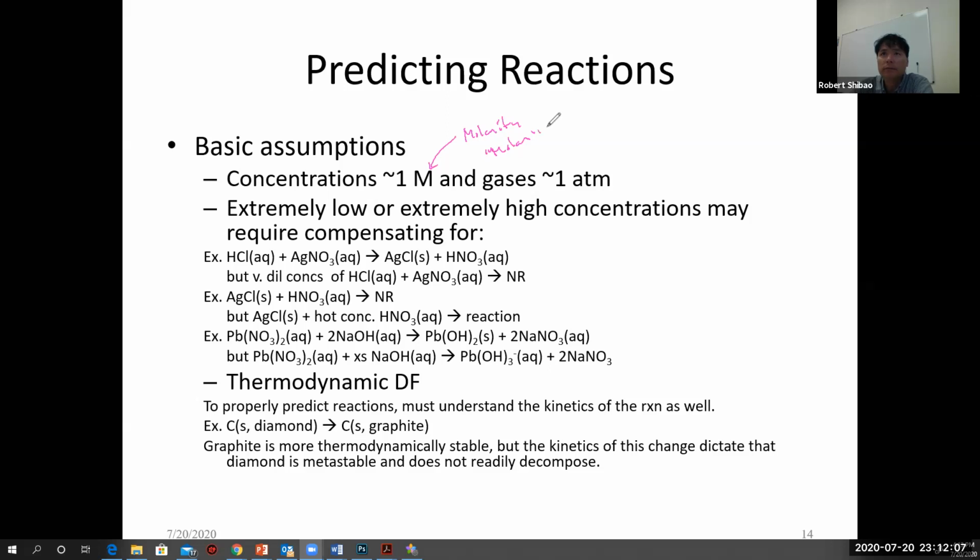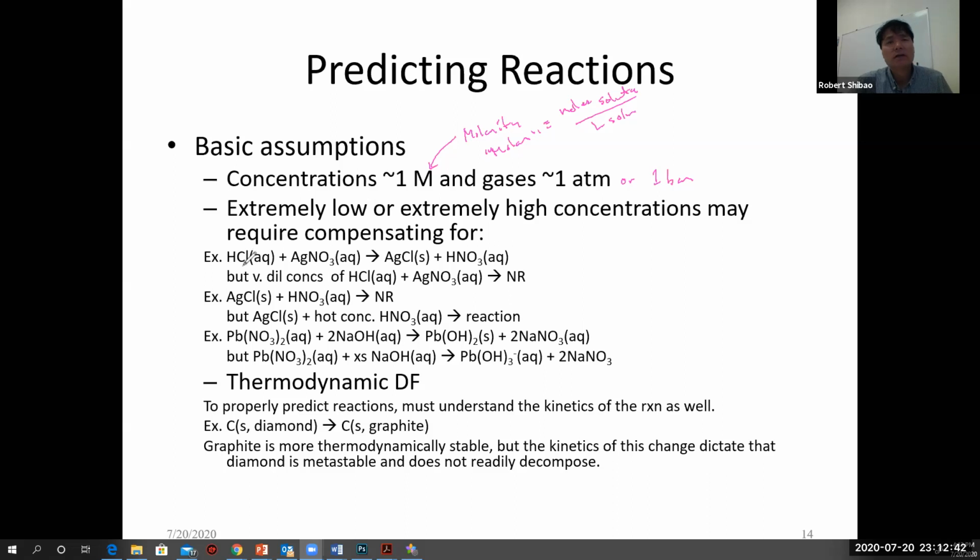It's defined as the moles of what we call solute over a liter of solution. Solution is the total mixture, and solute is one of the components of the solution. So that's molarity, moles per liter. And gases at 1 atmosphere or 1 bar. I should say 1 bar here. I said about because, as long as we're close, then our basic assumption should be all right.